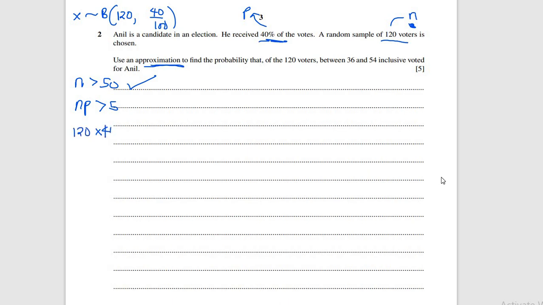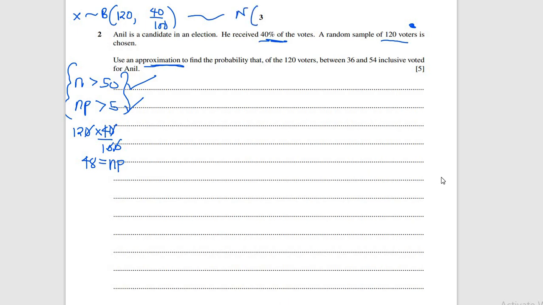What's p? 40 over 100. 0 cancels 0. 12 times 4, we have 48 as our np. Is it greater than 5? Yes. So once these two conditions are met, then the binomial will be approximated to normal distribution.